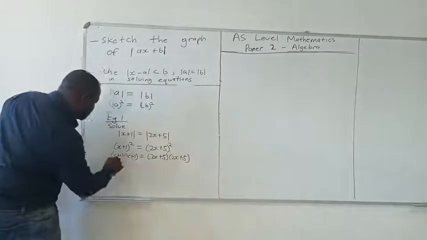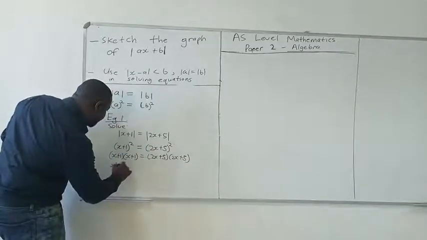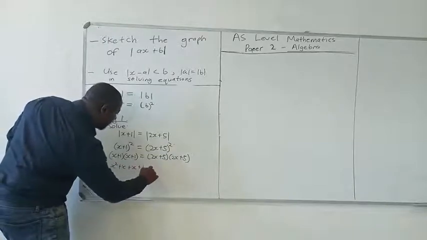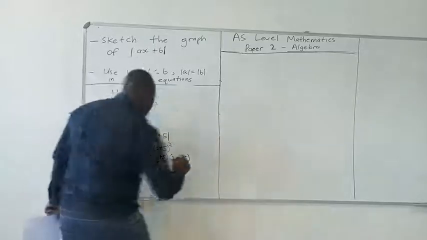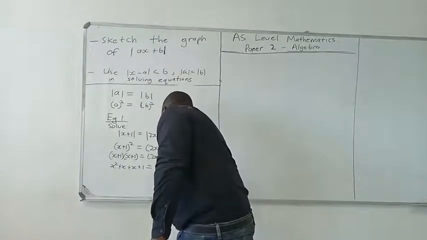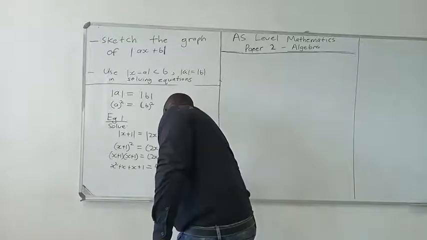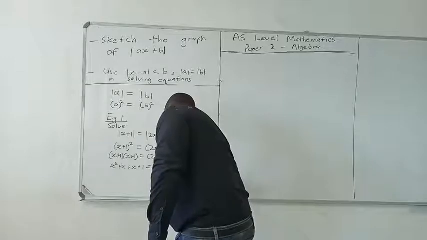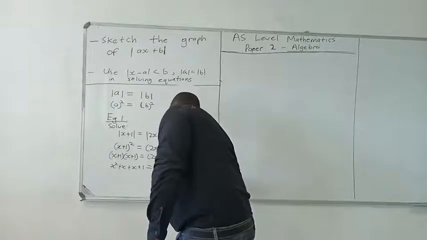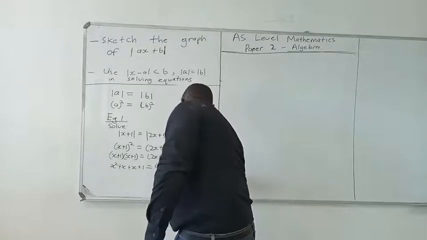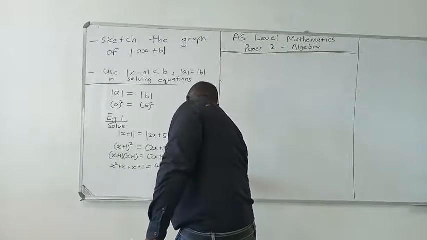This becomes x squared plus x plus x plus 1 is equal to 4x squared plus 10x plus 10x plus 25.